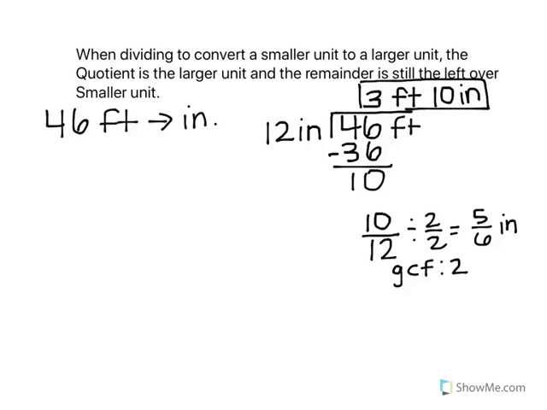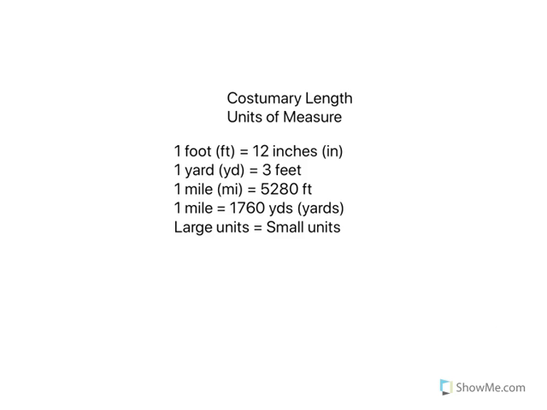I have 3,540 yards, and we want to convert that information into miles. Again, I'm going to divide, and if I go back to our notes, we know that 1 mile equals 1,760 yards.